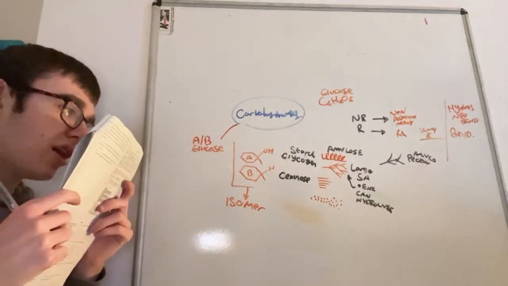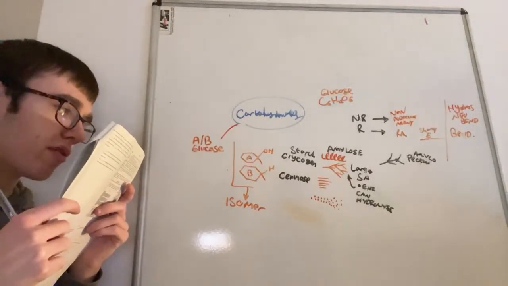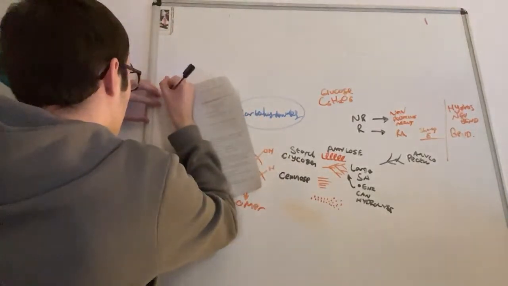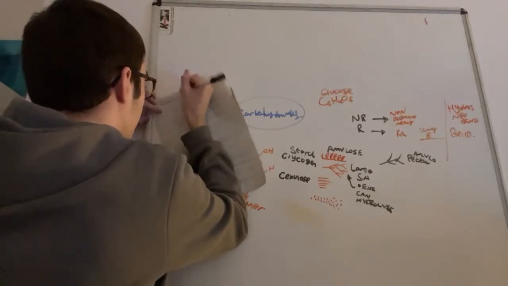Oh wow, a whole page of exam questions. Lovely. Starch molecules and cellulose molecules have different functions. Each molecule is adapted. One way in which starch molecules are adapted for their function. Alright, let's talk about amylopectin.